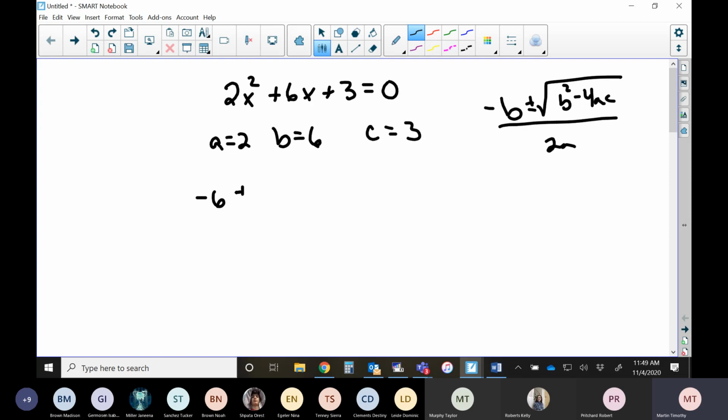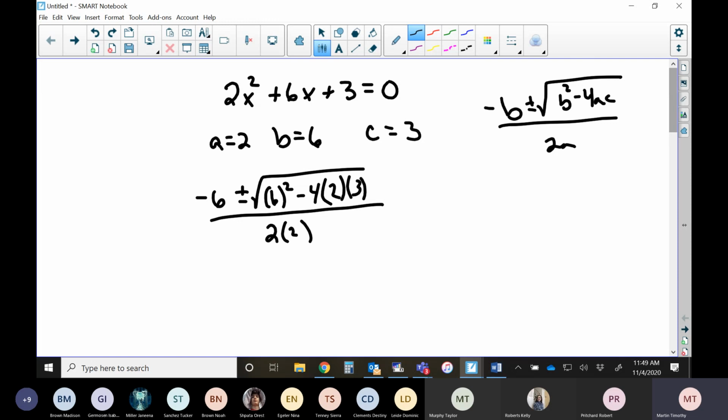Opposite of B, plus or minus the square root of 6 squared minus 4 times 2 times 3, all divided by 2 times 2. Does everybody understand how I did that?